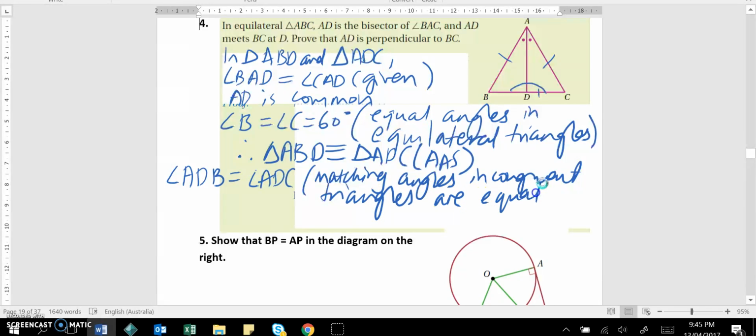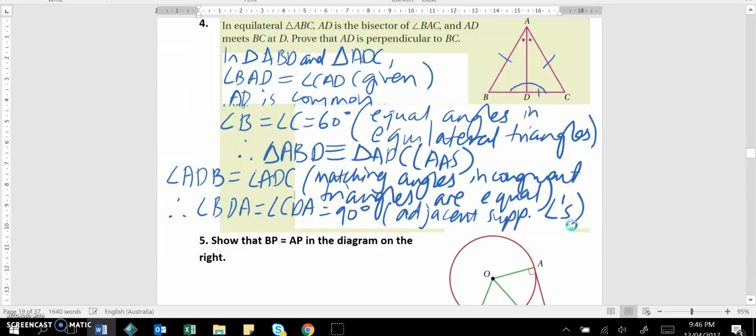but because they're equal and they're on a straight line that make 180, that means they're equal to 90 degrees. So therefore, angle BDA equals angle CDA equals 90 degrees. And I'm going to write adjacent supplementary angles.